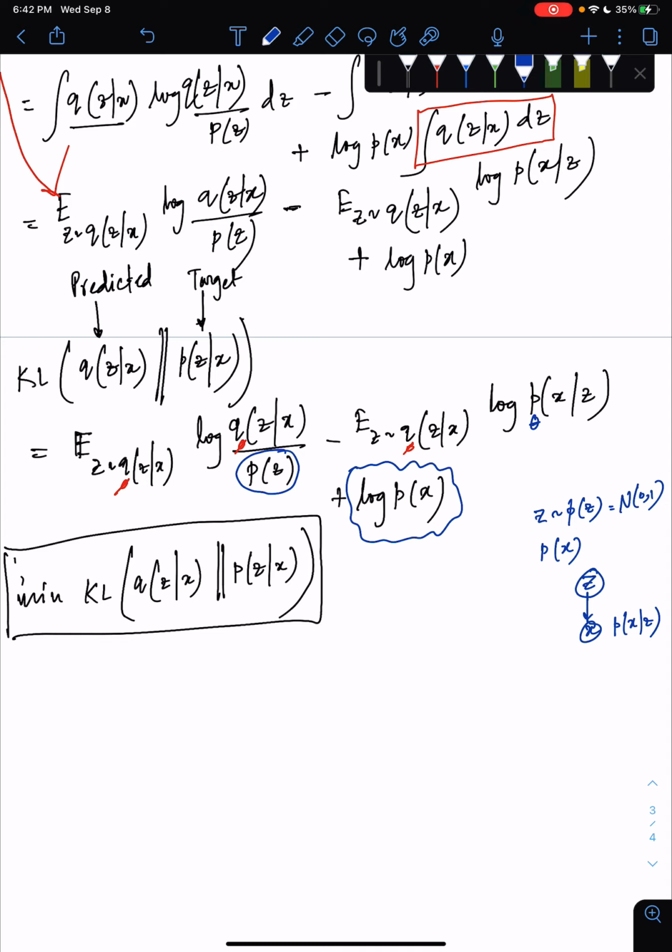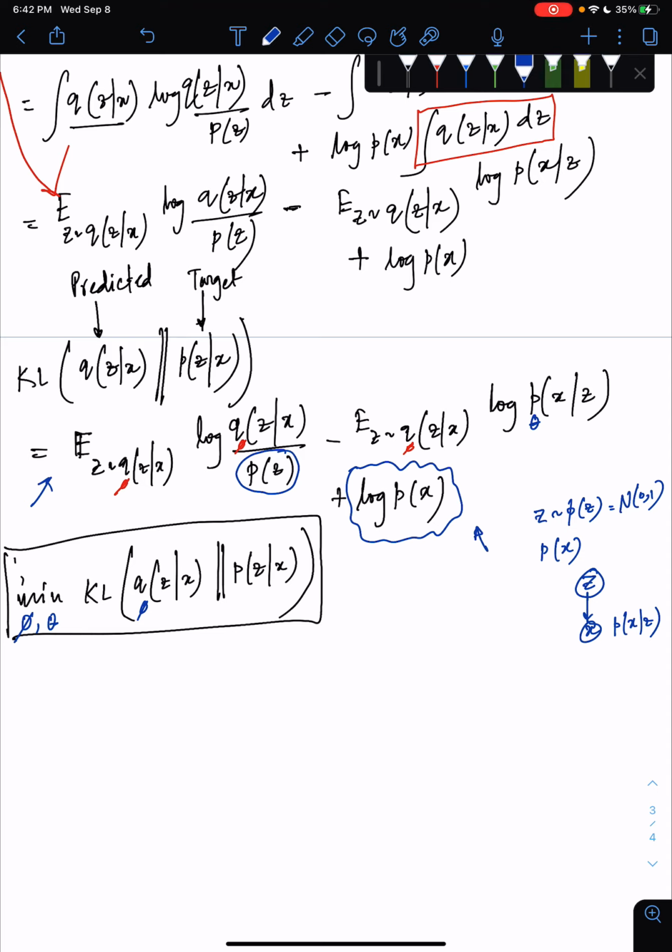So in this entire equation, from here till here, we have two parameters, phi and theta. When I say that we want to minimize the KL divergence between my variational posterior and my true posterior, I mean we want to minimize the KL with respect to these two parameters, phi and theta. I hope till this part it is clear.